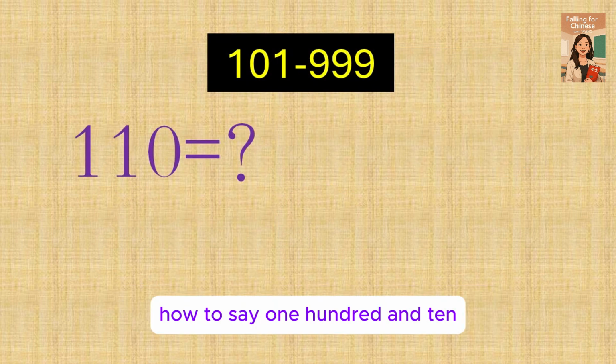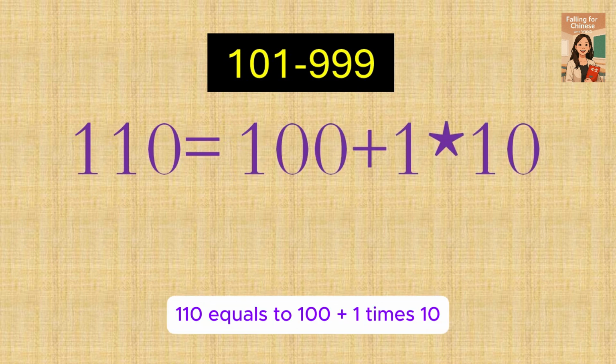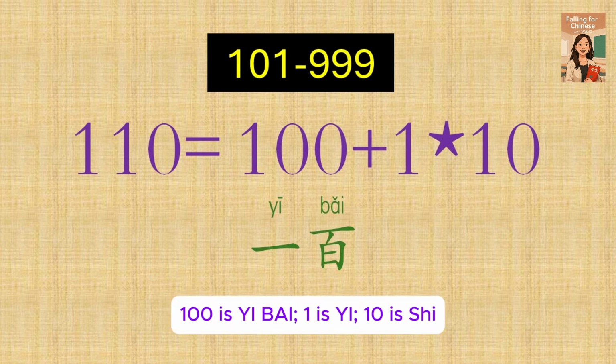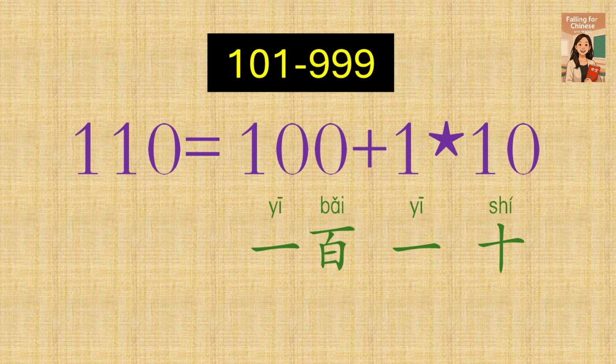How to say 110? 110 equals 100 plus 1 times 10. 100 is 一百, 1 is 一, 10 is 十. Put them together, we say 一百一十.